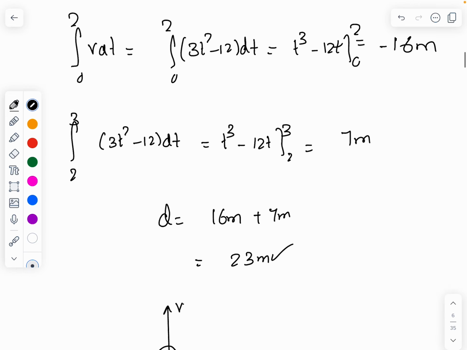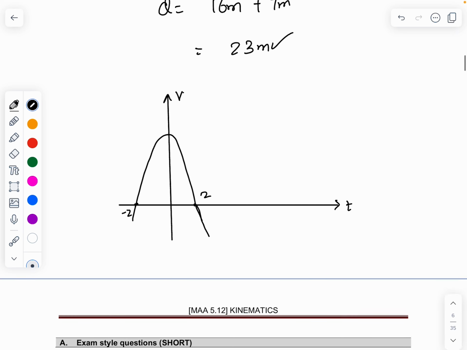So this is 0 to 2 and 2 to 3. That is the region area under the graph.